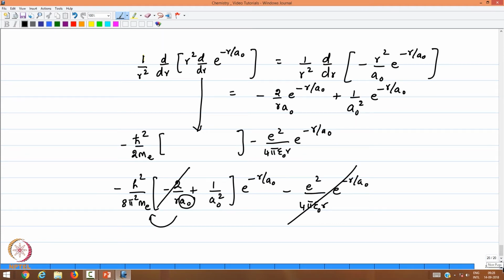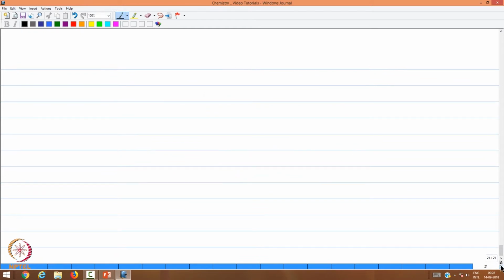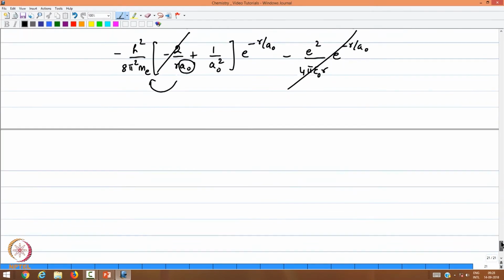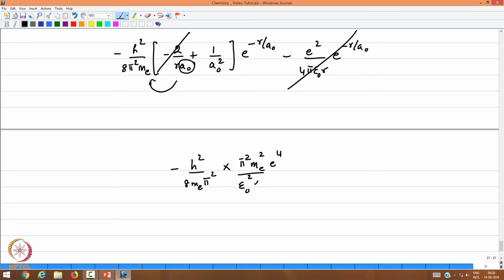So, what is left over would be minus h square by 8 pi square me times 1 by a naught square, and 1 by a naught square is pi square me whole square e raised to 4 divided by epsilon square h raised to 4 times e to the minus r by a naught.